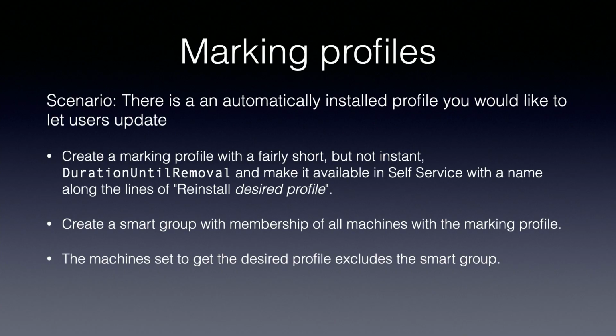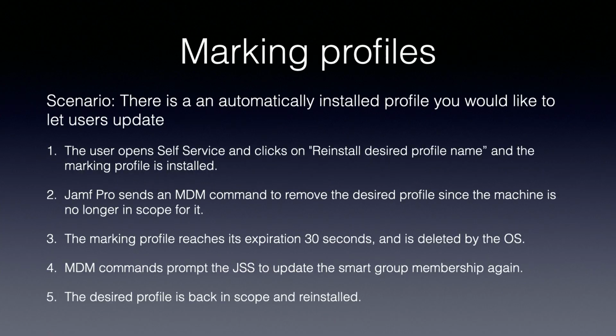Basically, you now have two profiles that can't exist on the machine at the same time. So the user, when they want to refresh or remove, depending on the profile, has an item in self-service called reinstall whatever the desired profile is.